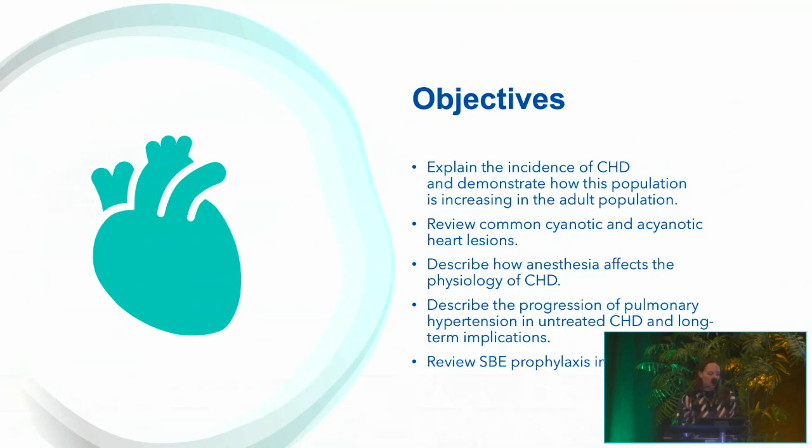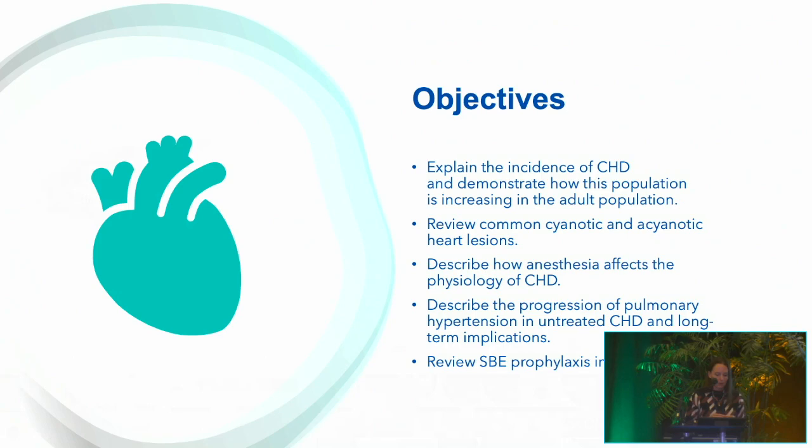So today, we're going to be talking about pediatric congenital heart disease and how it affects a general anesthesiologist into adulthood, and explain how the incidence of congenital heart disease is growing and demonstrate how this population is really changing to an adult disease.